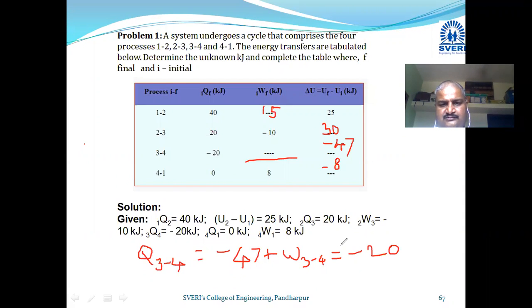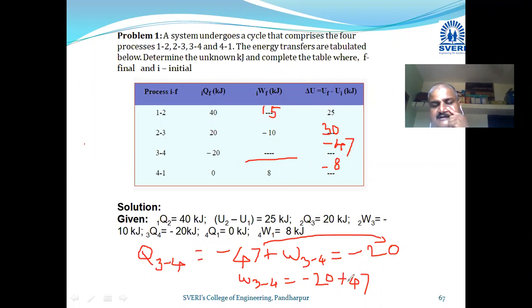So what you will have to do? Minus 20. So work 3 to 4 is equal to minus 20 plus 47, because when the 47 goes to the RHS, its sign is going to change. How much will it be? 27.